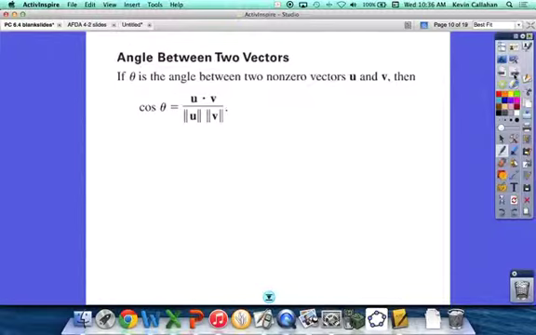And then how will you find the angle? If you've calculated the cosine, how do you find the angle? Take the cosine inverse. So this is going to give us the cosine. Then you're going to have to find the cosine inverse of whatever that is. Theta equals cosine inverse of u dot v divided by the magnitude of u times the magnitude of v.